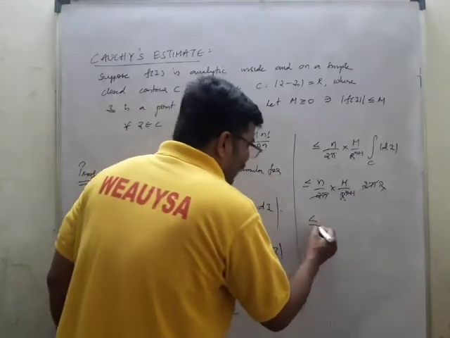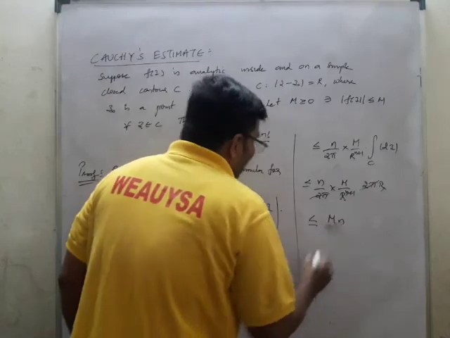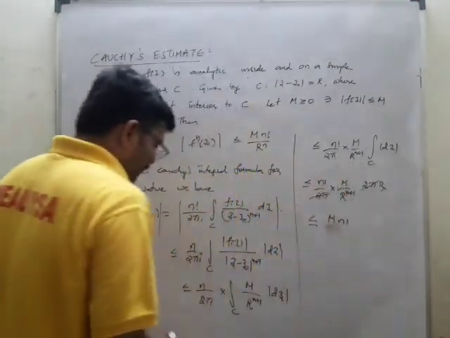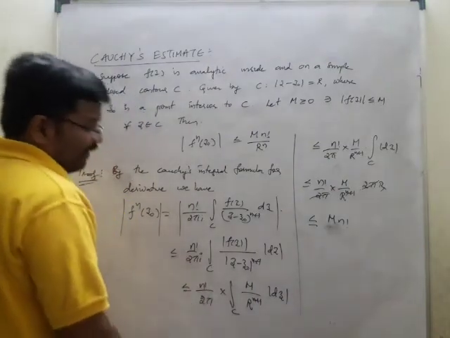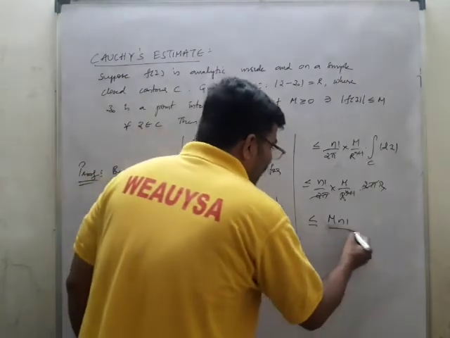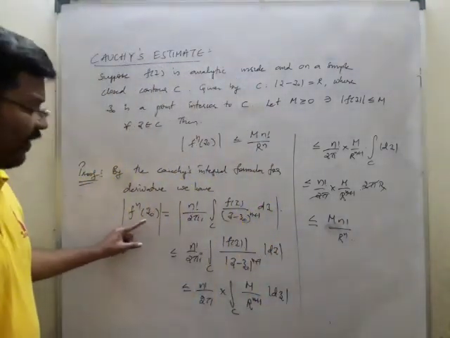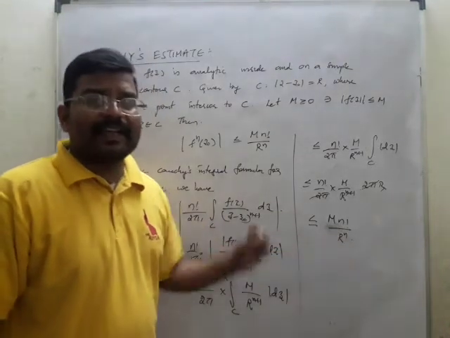So you will be getting M n factorial by r to the power n. Writing n factorial is fine, this is just a scalar multiple. So therefore |f^(n)(z₀)| is less than or equal to M n! by r^n.